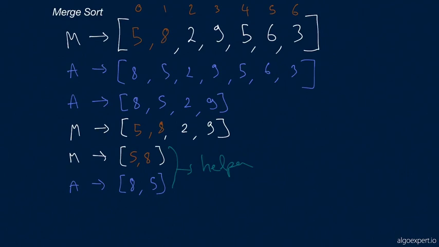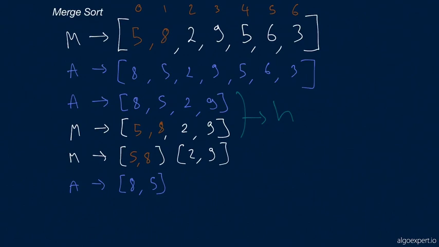Now we go back up to this helper method right here, and we've divided our arrays into 2 parts, and we've dealt with this left part. So now we want to deal with this right part. Okay, so we're going to divide it into 2, 9.